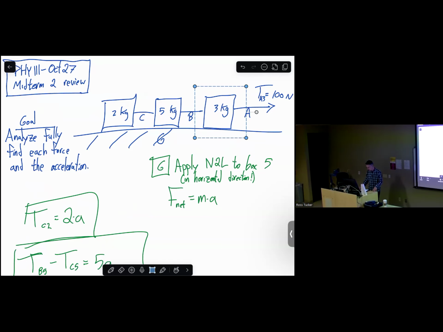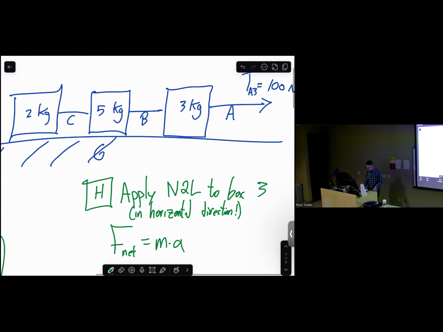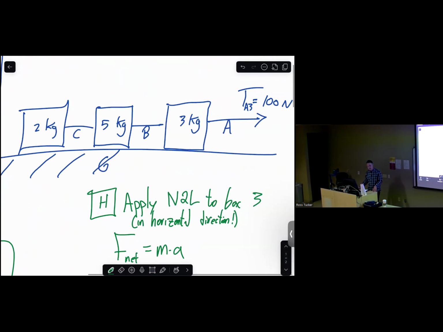Can you write Newton's second law and apply it for the 3 kilo box in the horizontal direction? You may apply the fact that TA3 is 100 newtons if you like.